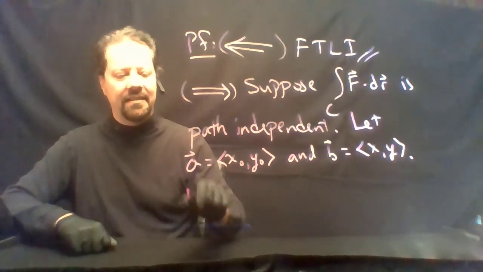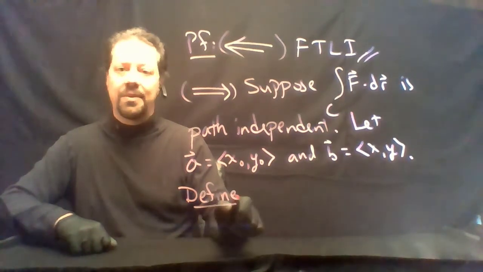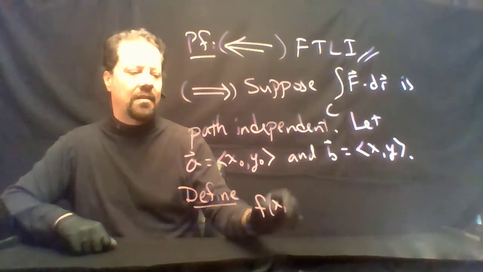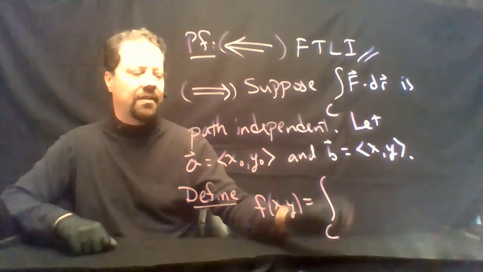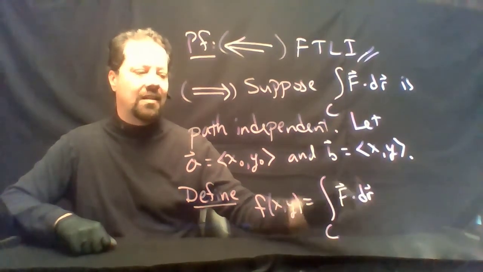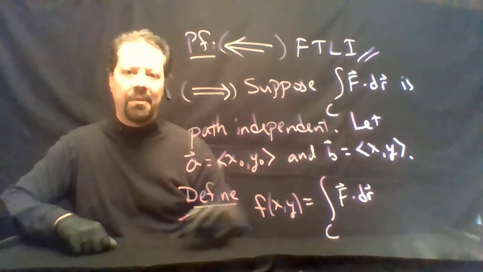Let's define a proposed potential function. It's the integral on the curve of F dot dr, where we're allowing the endpoint to be this variable point x, y.